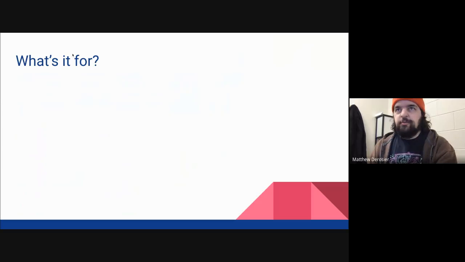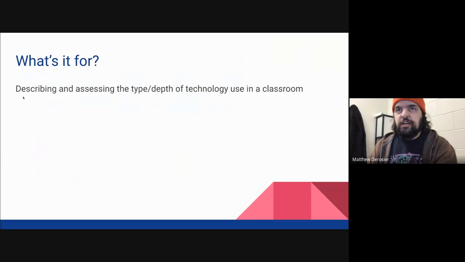So what is the SAMR model good for? As I mentioned earlier, the SAMR model is good for describing the type or depth of technology use in a classroom. And it's also good for that self-assessment piece, where you can look at a lesson you've got coming up and say, I'm planning to do it this way. Well, what are the options available to me?